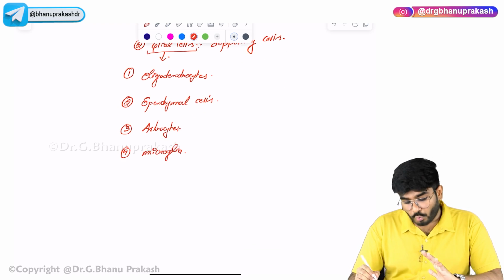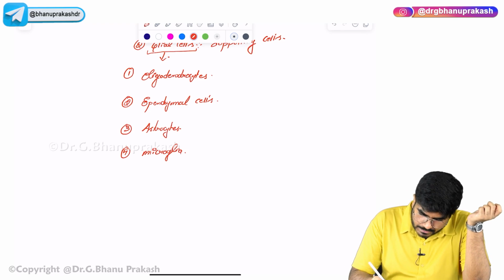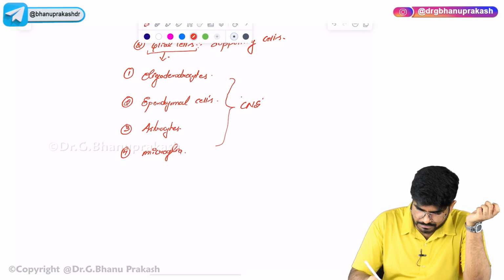So there are these four different types of glial cells. They are all present in the central nervous system.